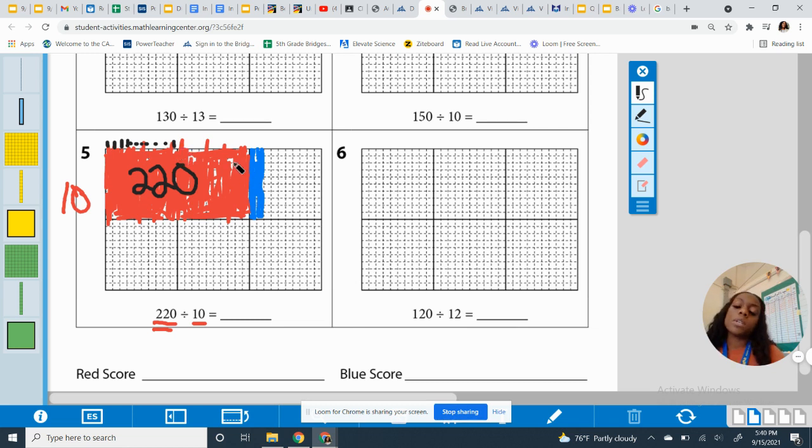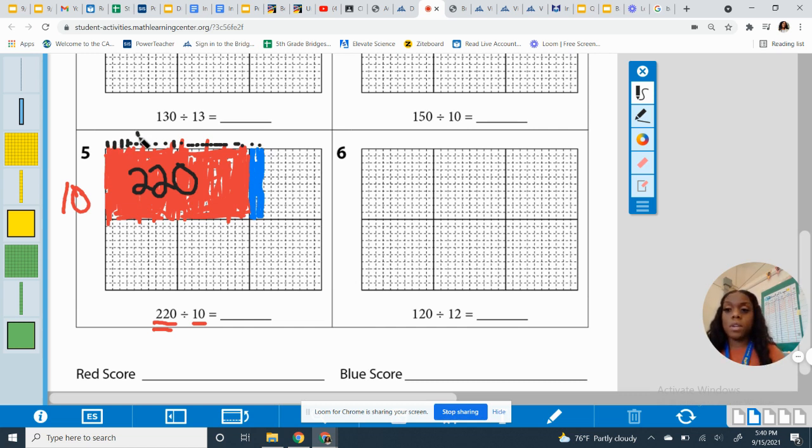Then we know this box, same thing. This is another 100, which means it's 10 across. And 10 plus 10 is what? 20. But then we've only got 1, 2 here.